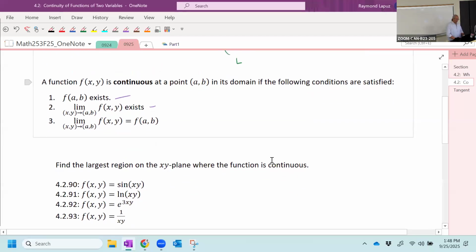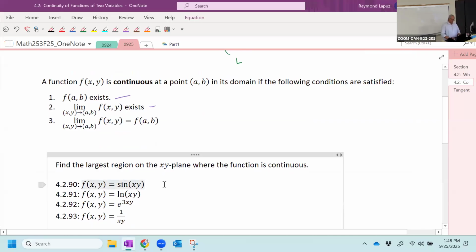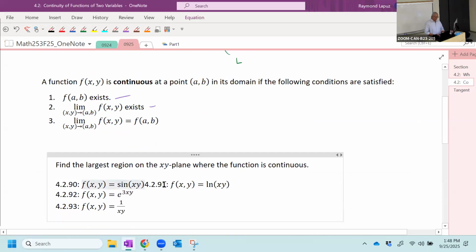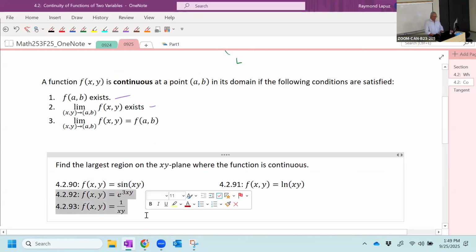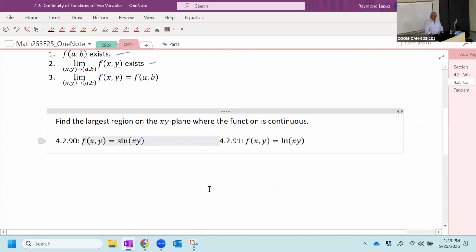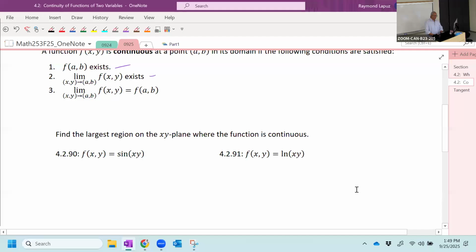But to attack the idea of continuity, or to try to solve problems in our class that deal with continuity, you generally have to look at a function and say, okay, does the function exist there? Does it not exist there, or what's happening? It's really just based on the domain, you're not going to take any serious limits.